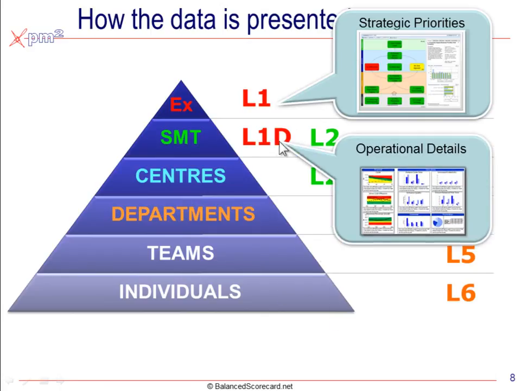The detail is going to take each one of those and provide more detail around that performance, commentary, and so forth. So this strategy map and balanced scorecard will exist at each level of the organization, and the dashboard is giving you more detail. When I get down to the team and individual level, I no longer have a new strategy map. I'll use the same one, but more and more levels of dashboards drilling into those details.